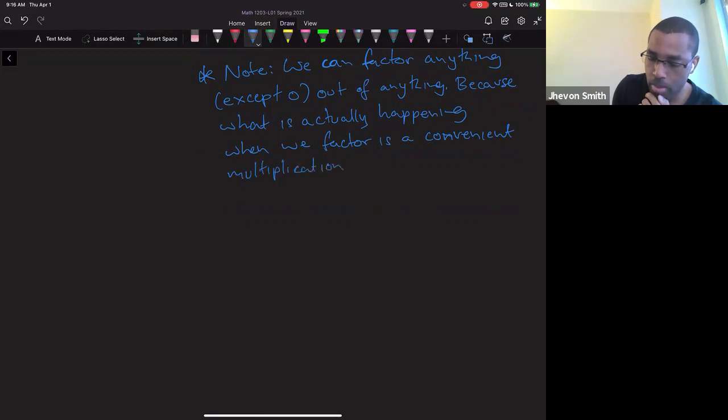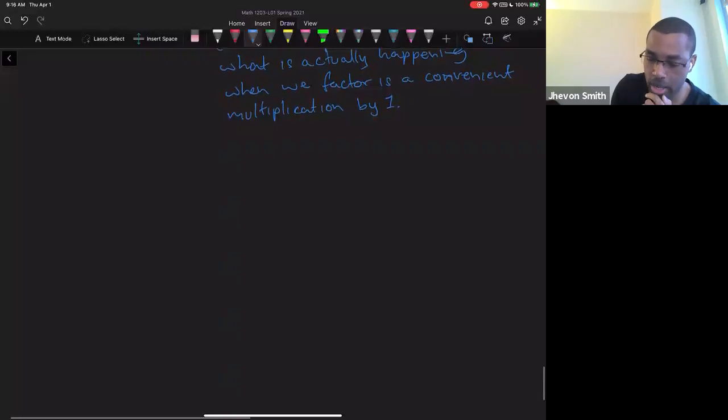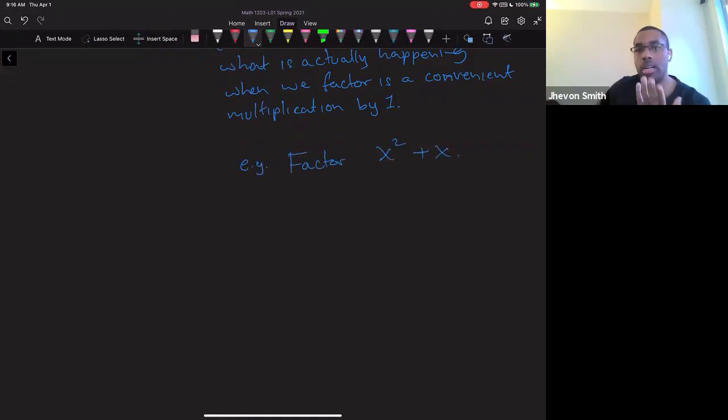You're changing the form by multiplying by one in a very convenient way. So for example, if I wanted to factor x squared plus x, we all kind of know, oh yeah, you factor out the common term, there's an x, right? But what actually happens is that you multiply that expression by x over x.